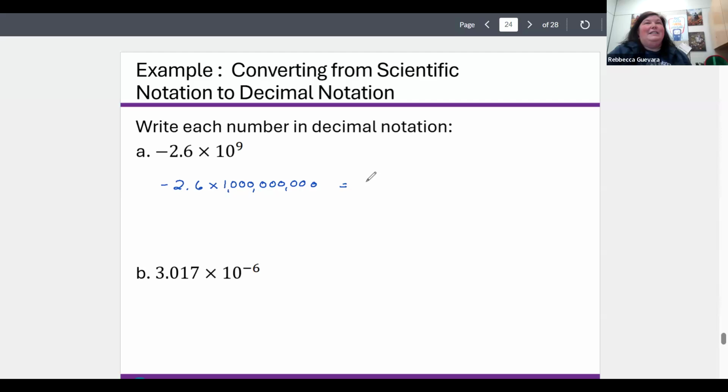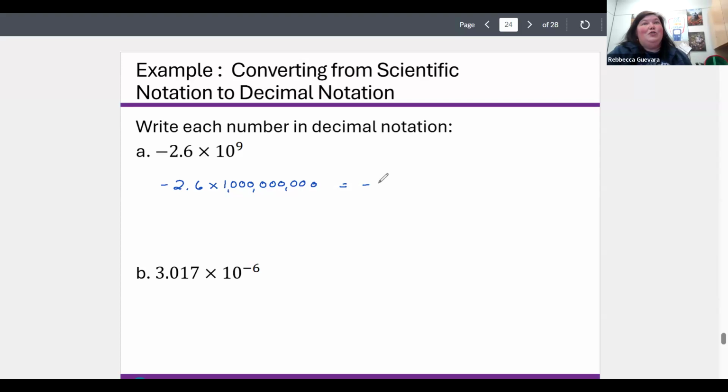So another way to think about that is that I have negative 2.6, and I need to put behind it 1, 2, 3, 4, 5, 6, 7, 8, 9 zeros. Oops, not 9 zeros, 9 decimal places. Do that one more time.